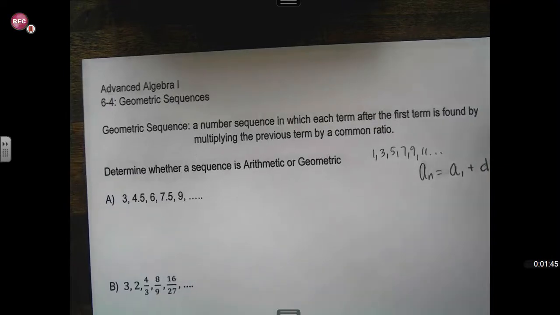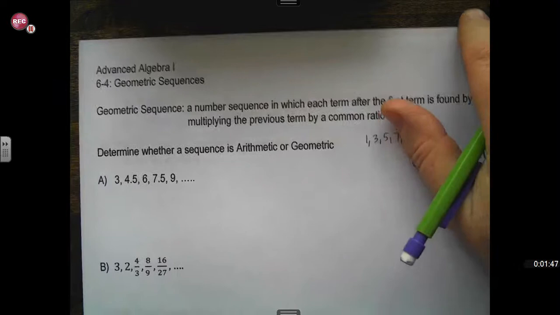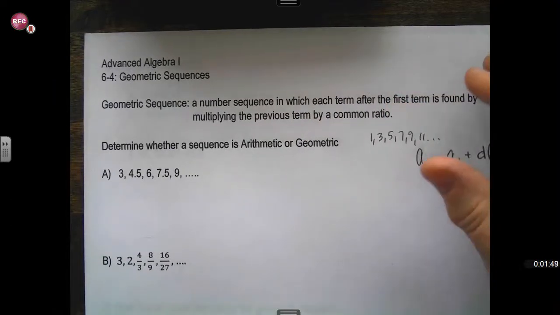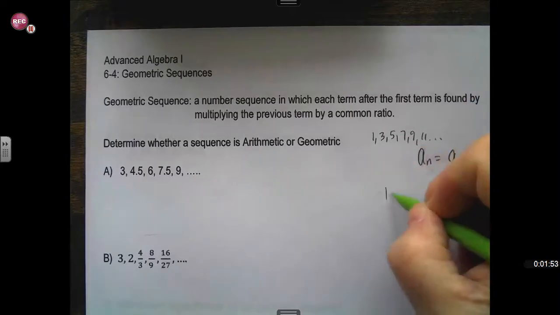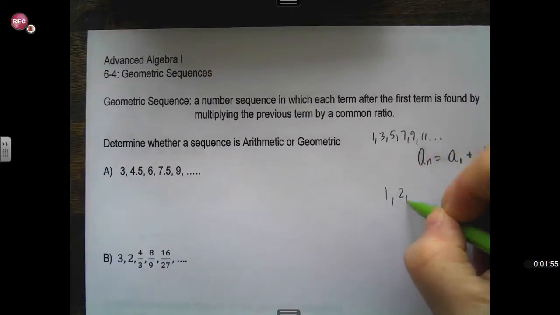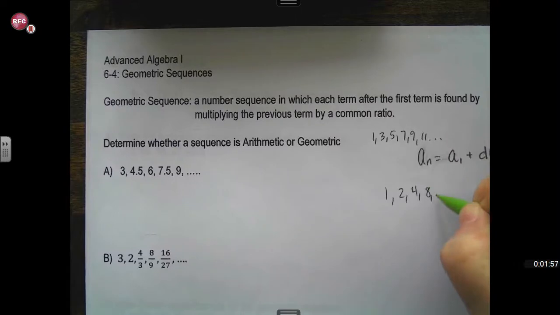In a geometric sequence, you multiply by the same thing over and over and over. So when we were looking at, you start with $1, and then you have $2, and then $4, then $8, then $16, then $32, and then $64. That's exponential.